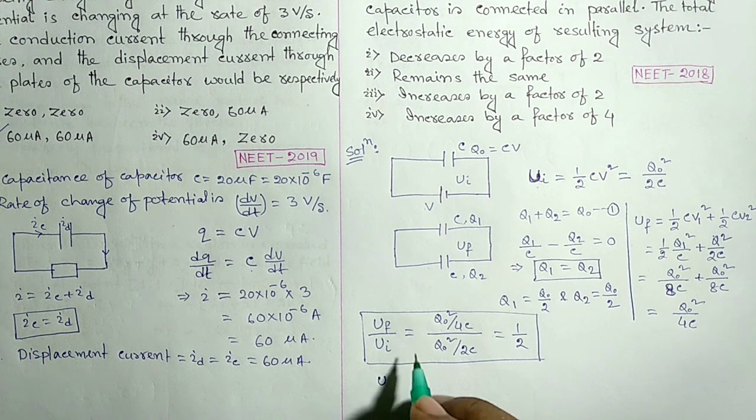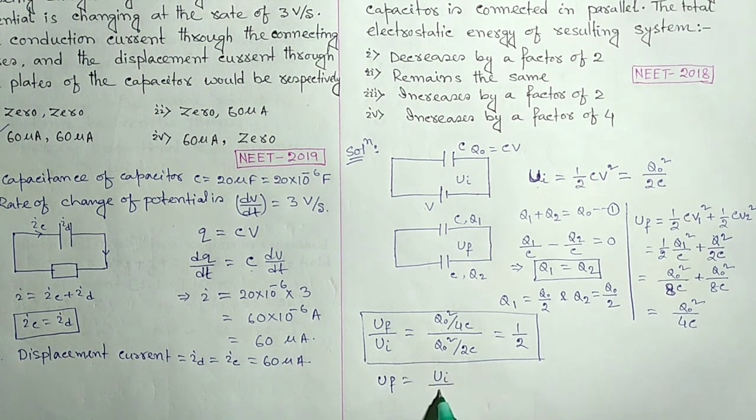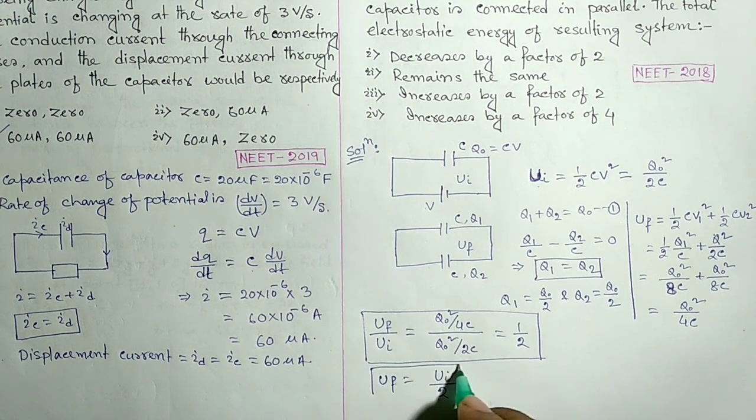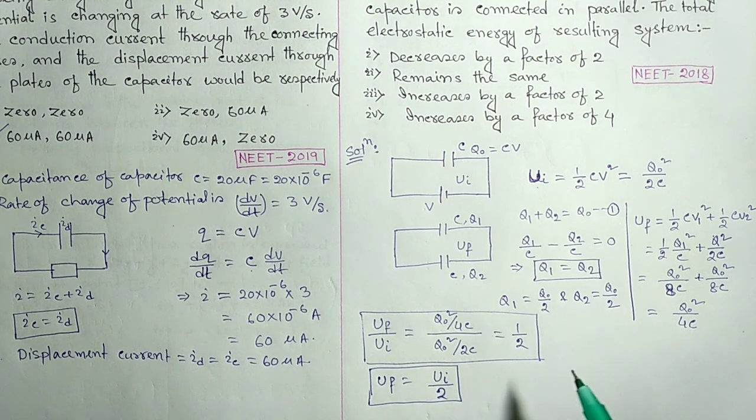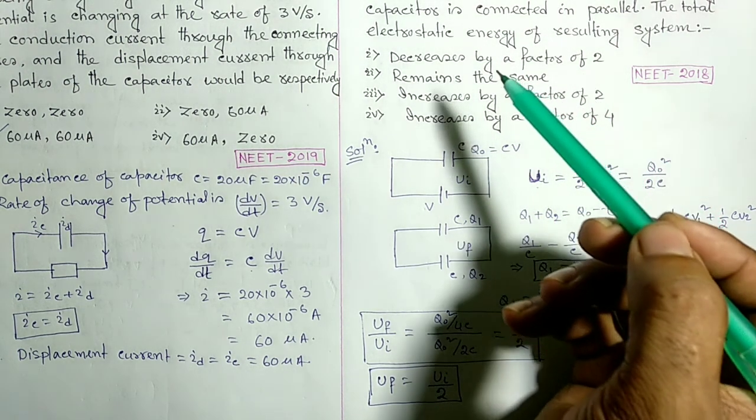UF is equal to UI by 2, so the energy is decreased by a factor of 2. So option A is the right answer.